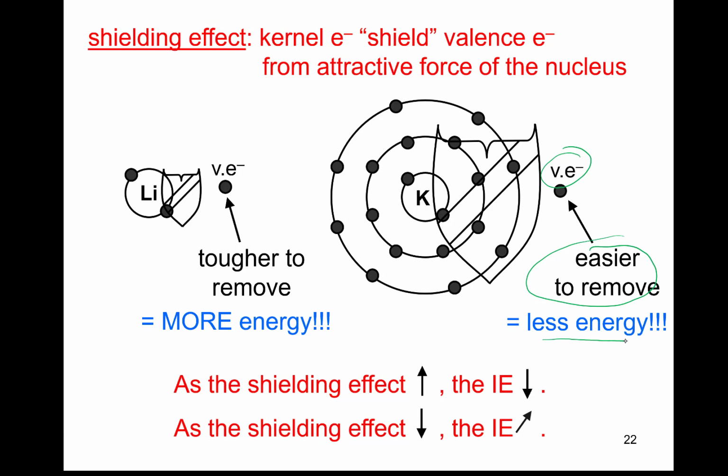As the shielding effect decreases, the ionization energy will increase. When there's not a lot of shielding going on, there's a strong attraction between your valence electrons and your nucleus, so it's going to take more energy to remove a valence electron.